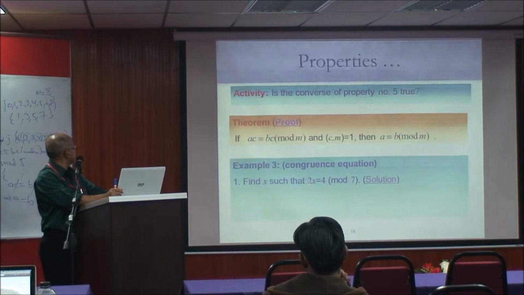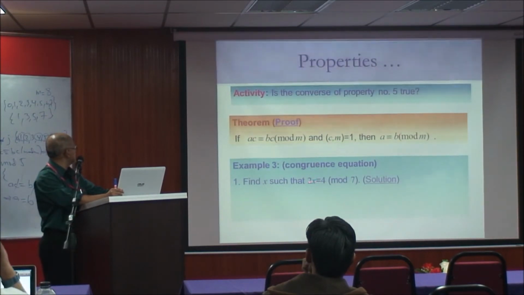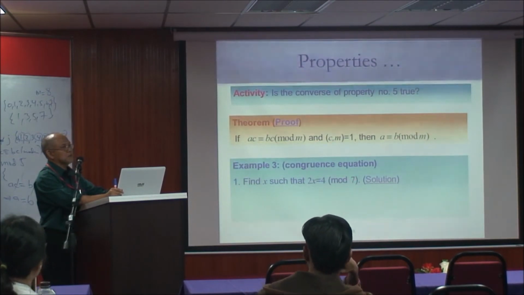Is 1 a solution? 2 times 1 is 2, so 1 is not a solution. Is 3 a solution? No, because 3 times 2 is 6, 6 minus 4 is 2, which is not divisible by 7. Is 4 a solution? 8 minus 4 is 4, so not possible. Is 5 a solution? 5 times 2 is 10, minus 4 is 6, not divisible by 7. Is 6 a solution? 6 times 2 is 12, minus 4 is 8, also not possible.